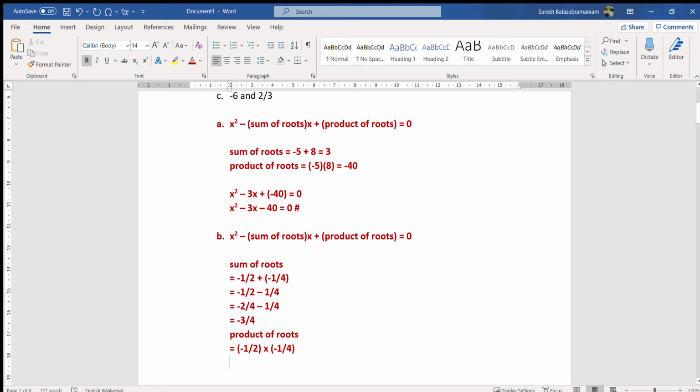So a negative and negative, when you multiply it gets positive. Answer will be 1 over 8. Okay, now we replace in the equation.